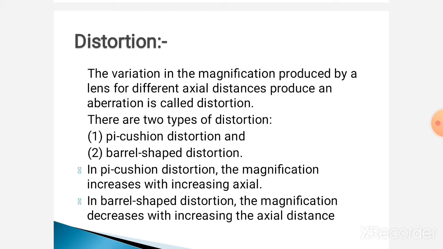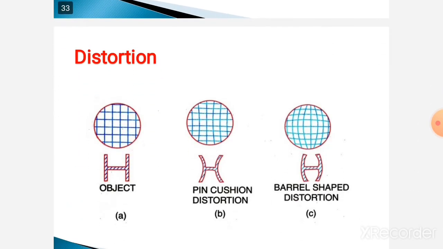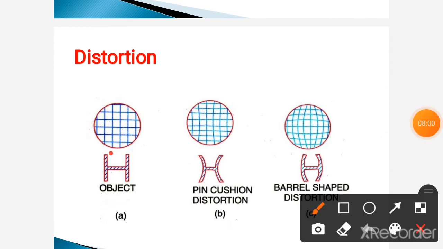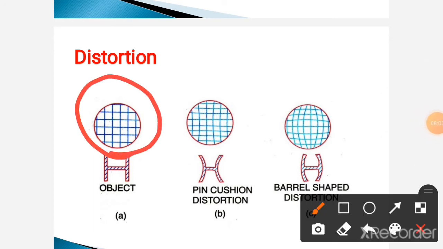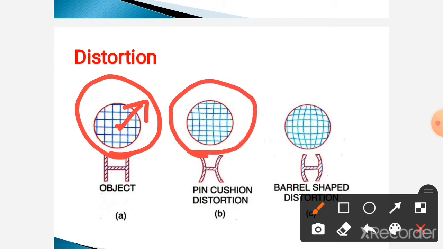That is, here this is the object. When we go away from the center, the image is formed like this or like this.